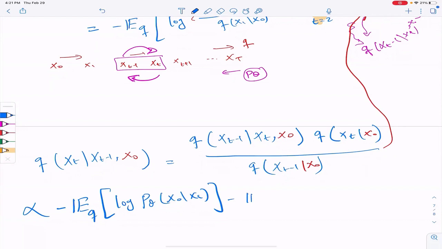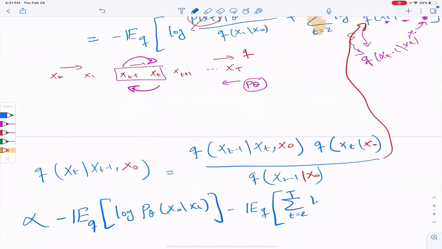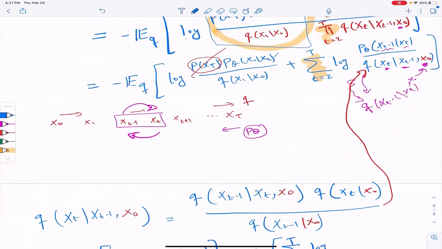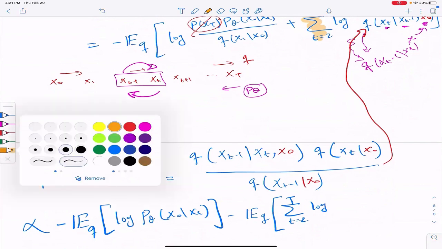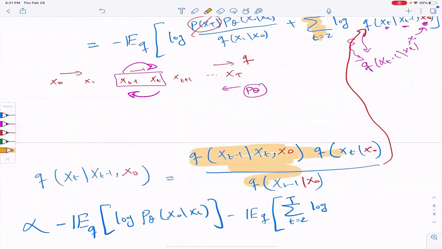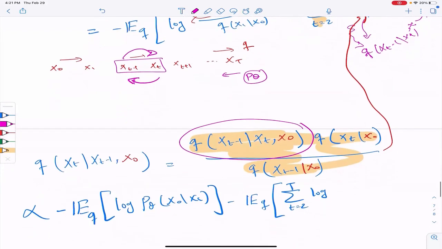So the important term is the second term. Minus expectation over q, sum from t to capital T, log of, so log of what? So this guy divided by this guy, right? So I have this term, and instead of my denominator, I'm going to use this term. So if you plug that in, I can put this next to p theta xt minus 1 given xt, because the indices match.